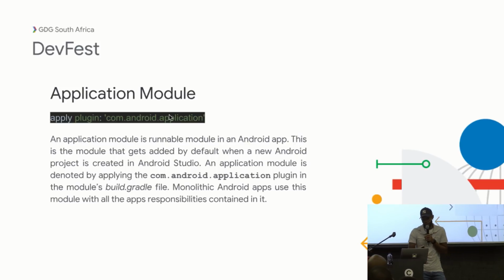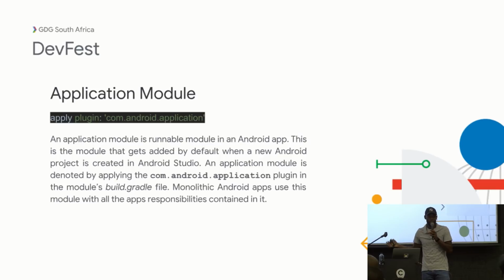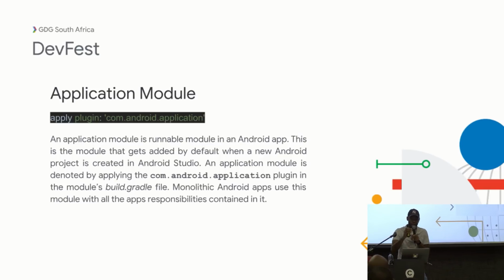So if you have 2 of these in your project, it means you have 2 runnable modules. In some cases, you do find projects that require that, for instance a client-facing application and an administrator-facing application. Then you can apply this plugin in the build.gradle file for that particular module. So an application module is a runnable module, as I stated.